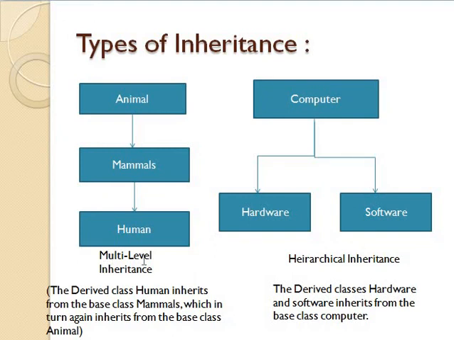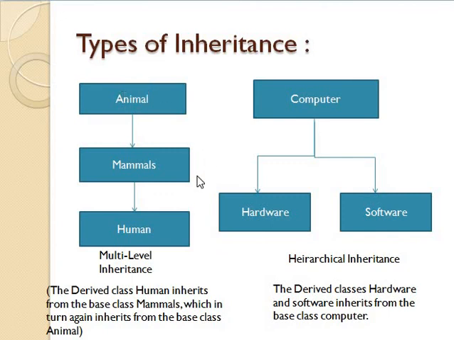Now consider this form of inheritance known as multi-level inheritance. Here, there shall be a derived class which will be inheriting the properties of a base class, which in turn again becomes a derived class when it inherits the properties of another base class.